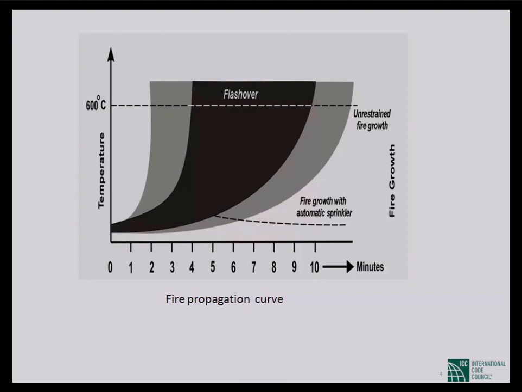Within 2 minutes, it will flash over, and it varies with the type of contents in the building. It may be liquid fuel or any substance. So the fire propagation time to reach flash over varies from 2 minutes to 10 minutes.